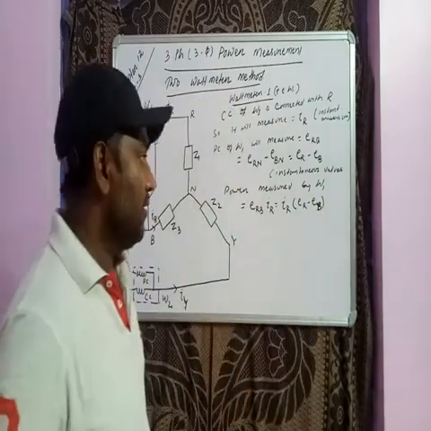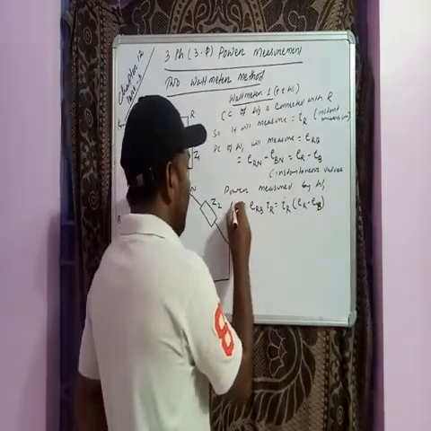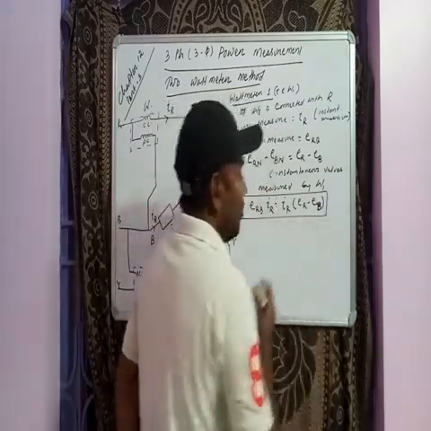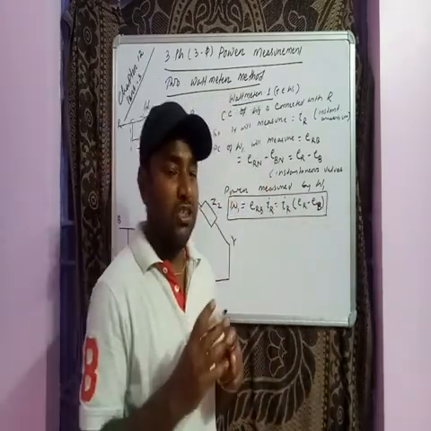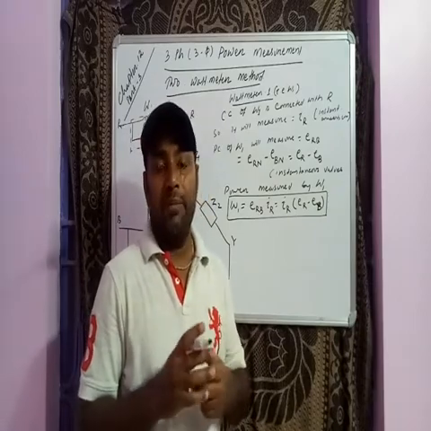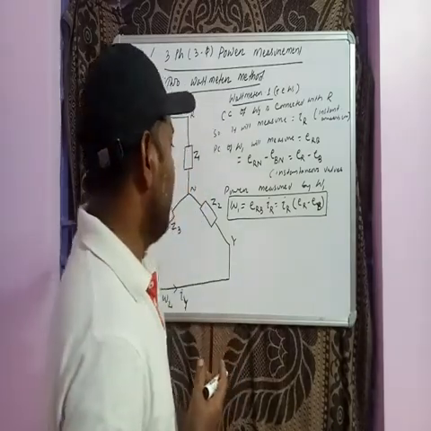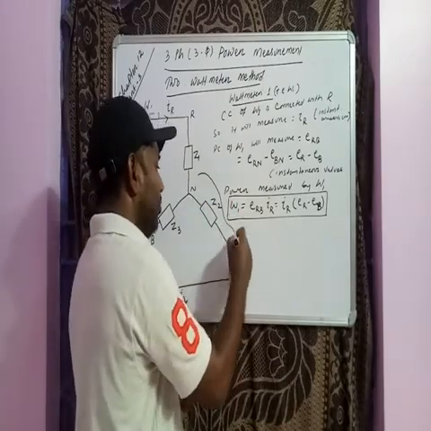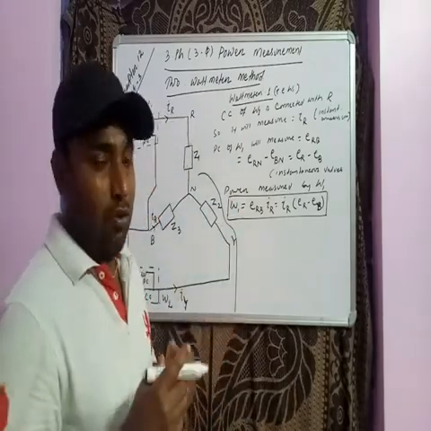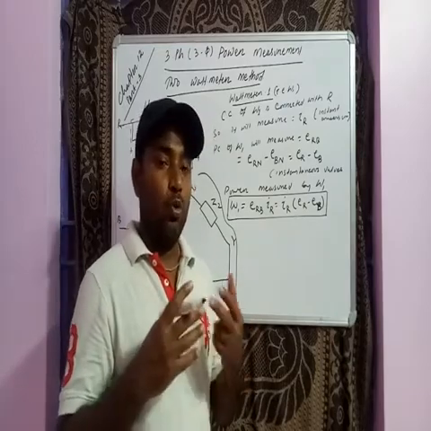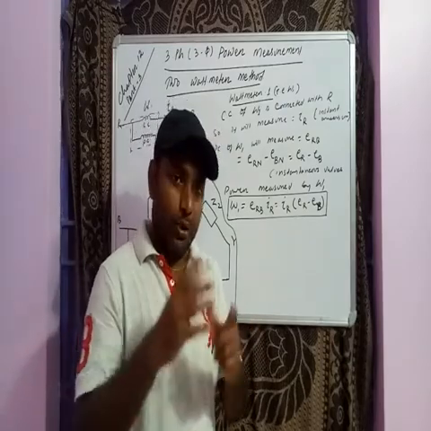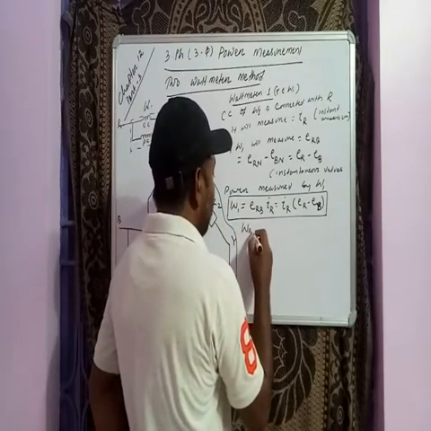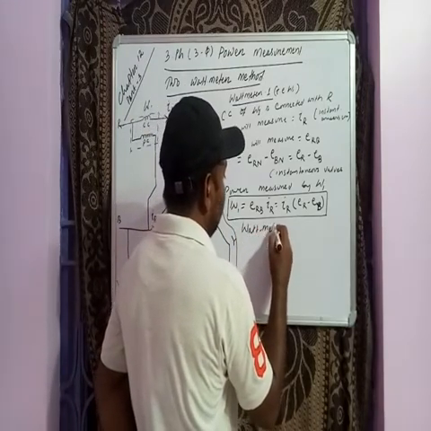So this is the W1 value. Clear? So this much amount of power, which is the instantaneous power, can be measured by the wattmeter W1. Initially I am taking the instantaneous values. I will show how the two wattmeters will measure the total power. So now this is the wattmeter 1 part. Then come to wattmeter 2.